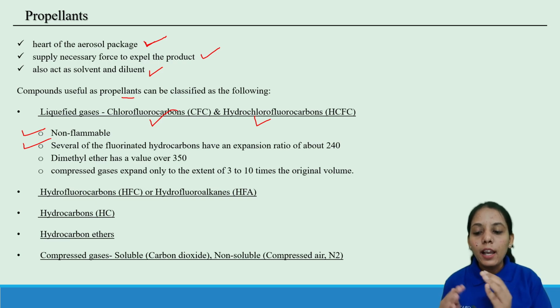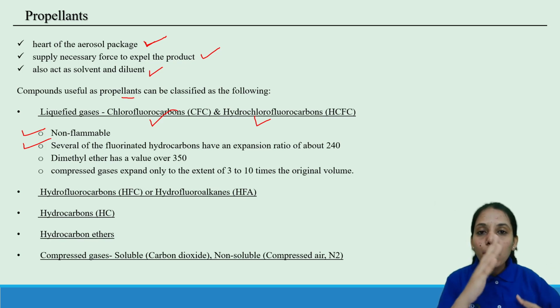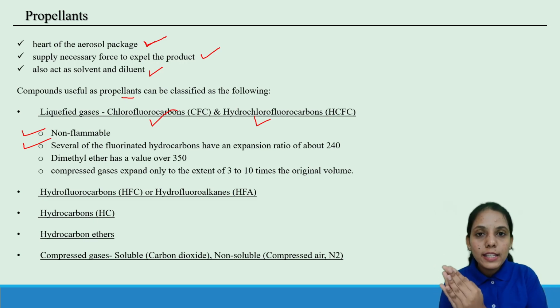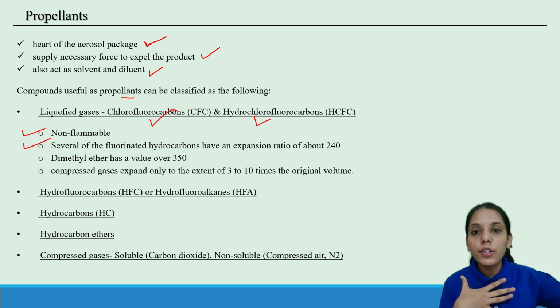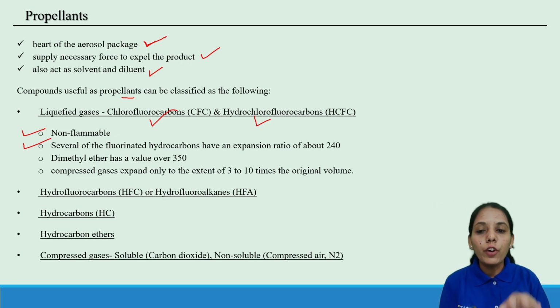For example, when it is in liquefied state, if it requires 1 ml or 1 cubic centimeter of volume, then when it converts into gas, it will expand 240 times. Means if here it requires 1 cc, then here it will require 240 cc. That means expansion ratio is very high.